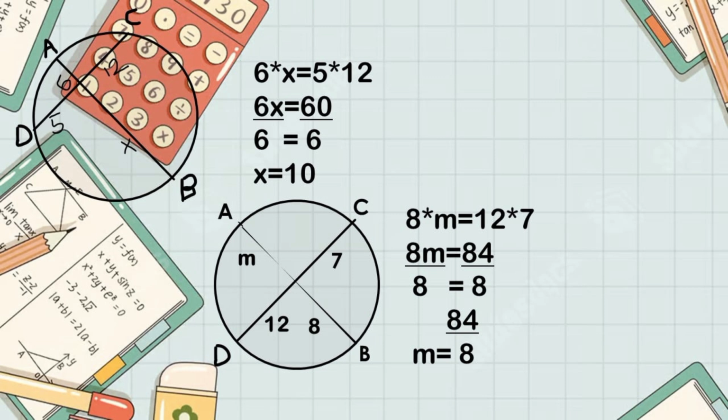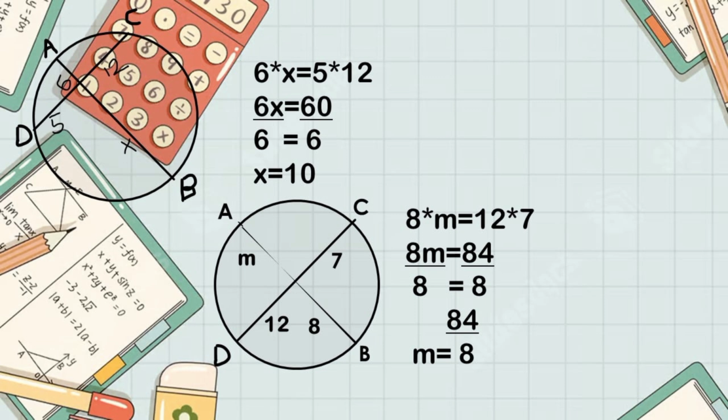Then 8M divided by 8 equals 84 divided by 8, so M equals 84 divided by 8, because it cannot be divided evenly. So this is the equation of intersecting chords.